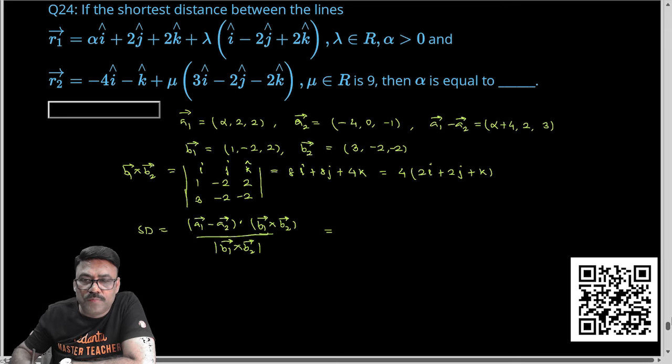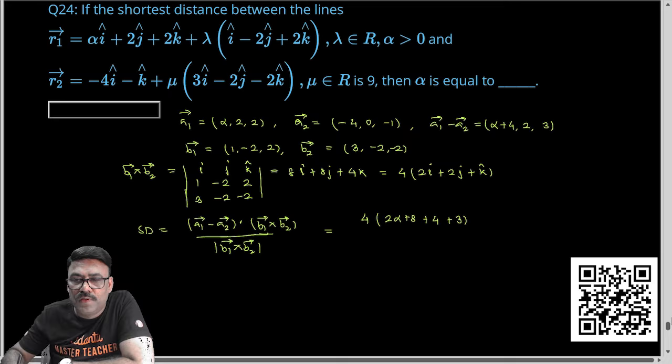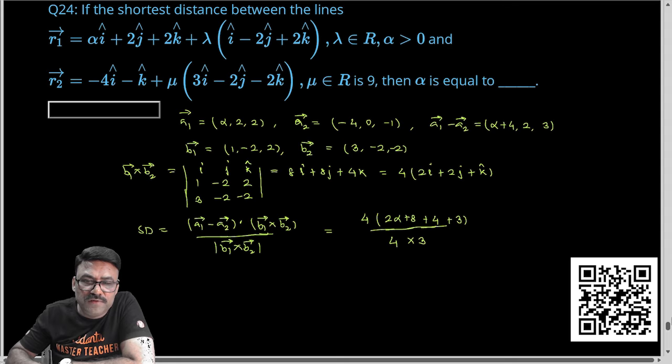Now what is the dot product of A1 minus A2 and B1 cross B2? It is 4 times 2 alpha plus 8 plus 4 plus 3. Now mod B1 cross B2 is 4 times under root 4 plus 4 plus 1, so into 3. And shortest distance will be basically the absolute value of this.